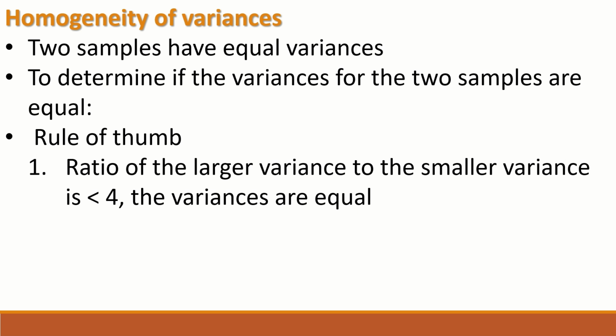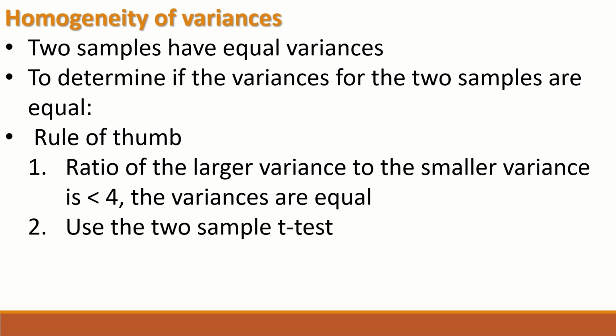If the ratio of the larger variance in one group to the smaller variance in the second group is less than 4, then the variances are most likely equal. So then use the two sample t-test.